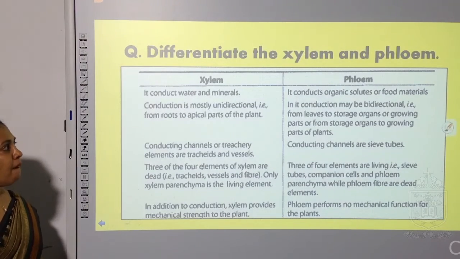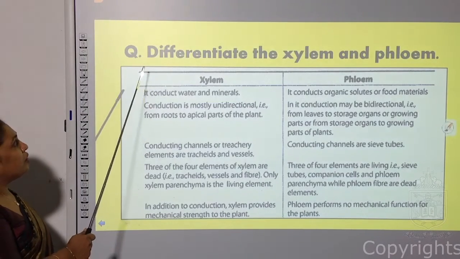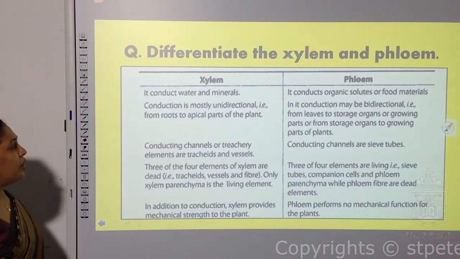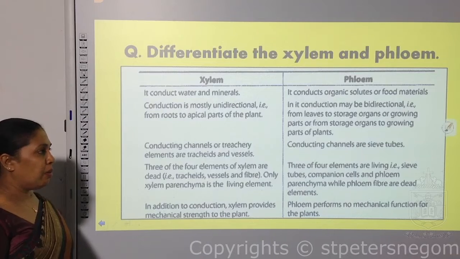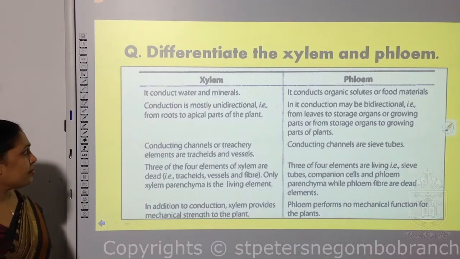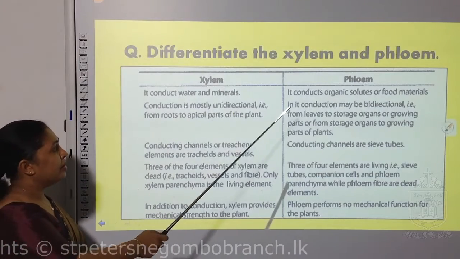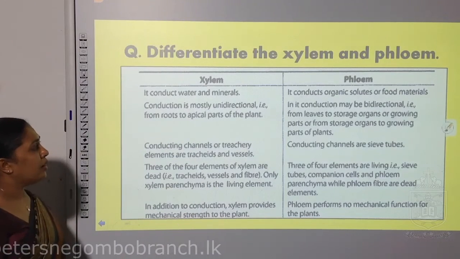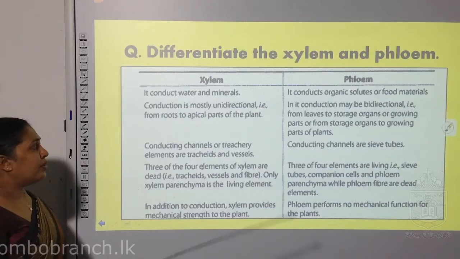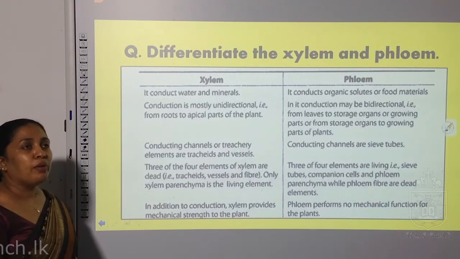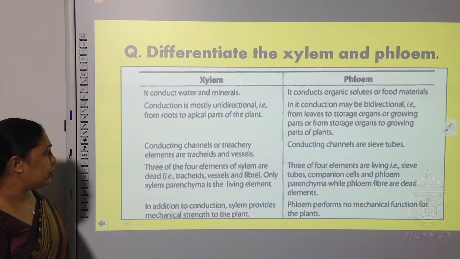So, this is my question: differentiate the xylem and phloem. Xylem and phloem have some differences. Xylem conducts water and minerals, and phloem conducts organic solutes. Xylem is unidirectional, while the phloem is bidirectional.